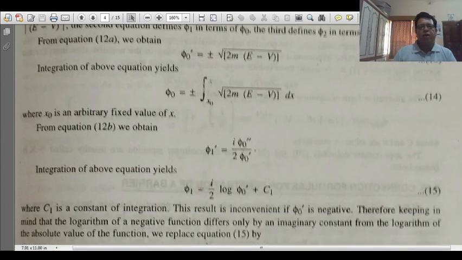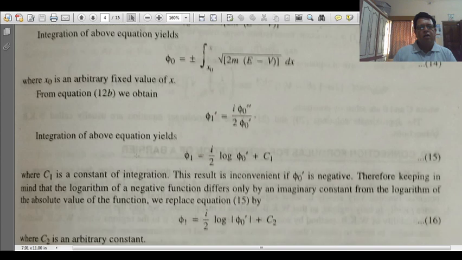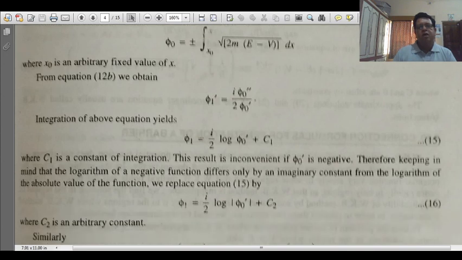Similarly, from equation B, phi 1 dash equals this, and if we integrate it, phi 1 equals iota upon 2 log phi 0 dash plus c1, where c1 is the integration constant.